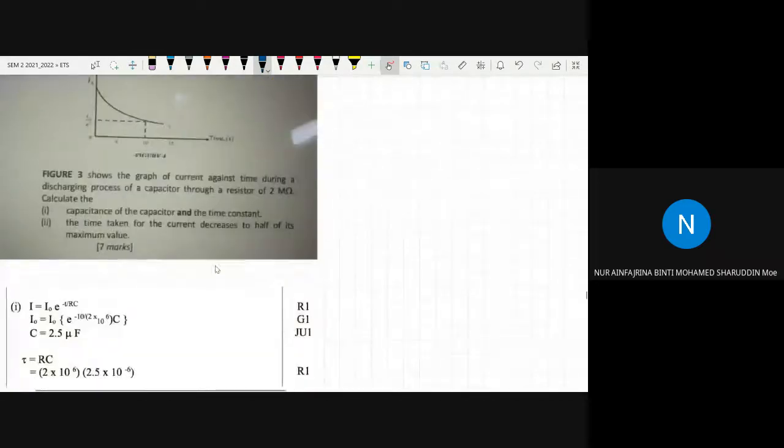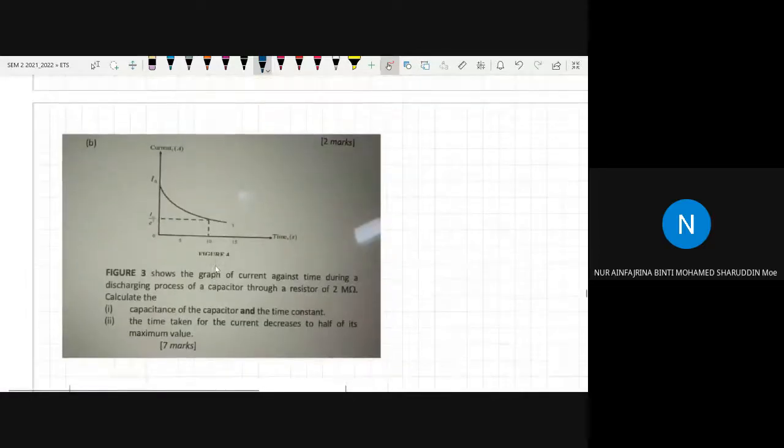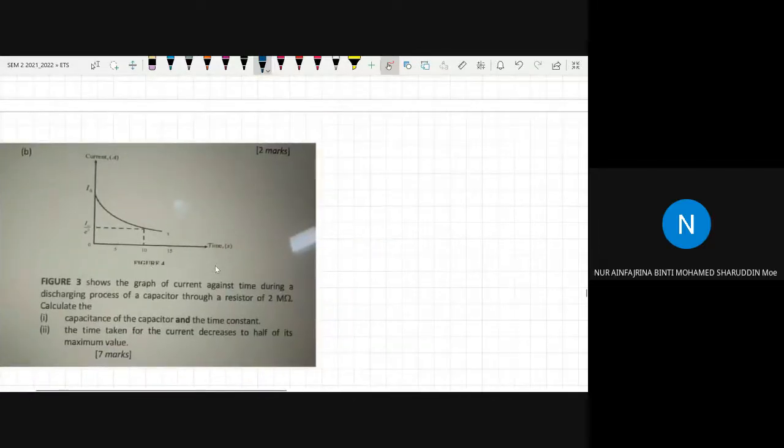Alright, this kind of question is very nice. Figure 3 shows the graph of current against time during a discharging process of a capacitor through a resistor of 2 mega ohm.